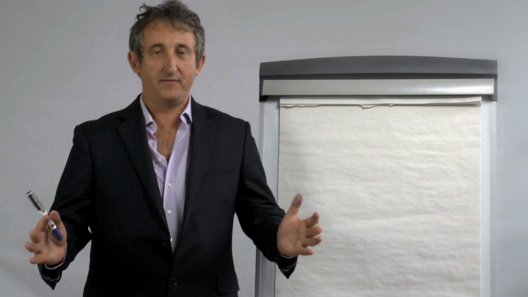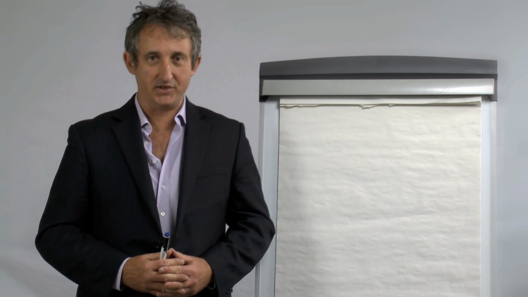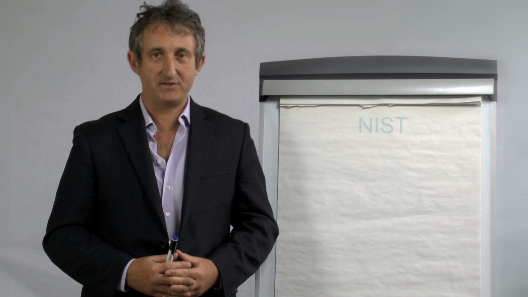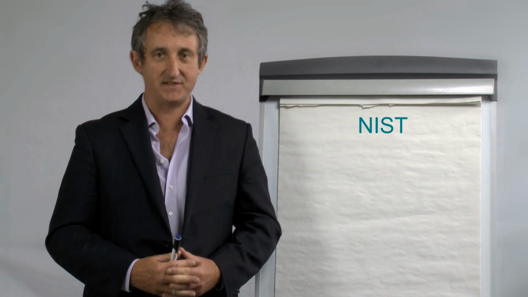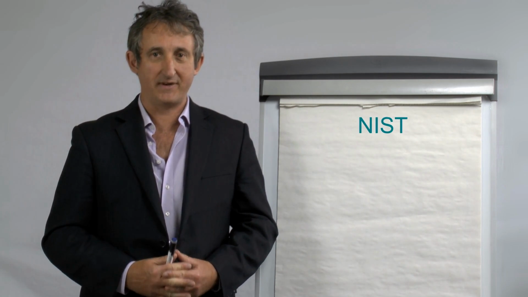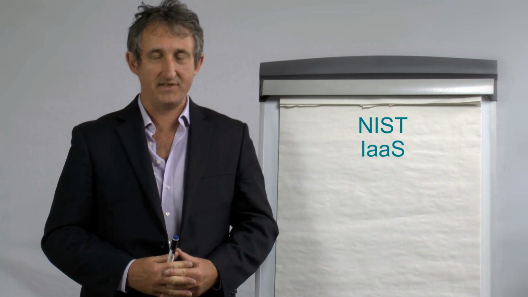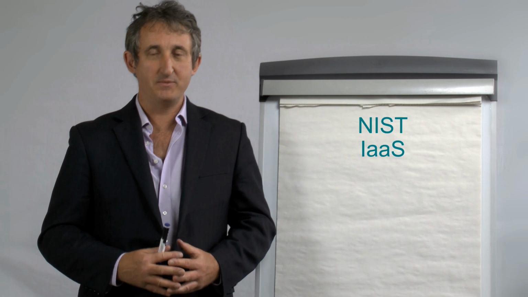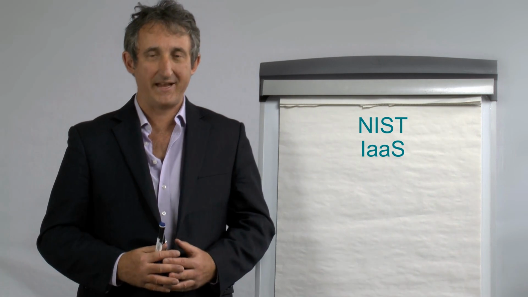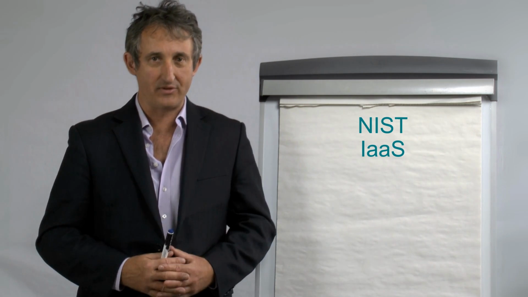I'm going to start with a few terms of definitions. We use the NIST, or National Institute of Standards and Technology, definition of cloud services. That includes infrastructure as a service. Think of those as VMs or storage on demand, paid for by the hour, by the month.